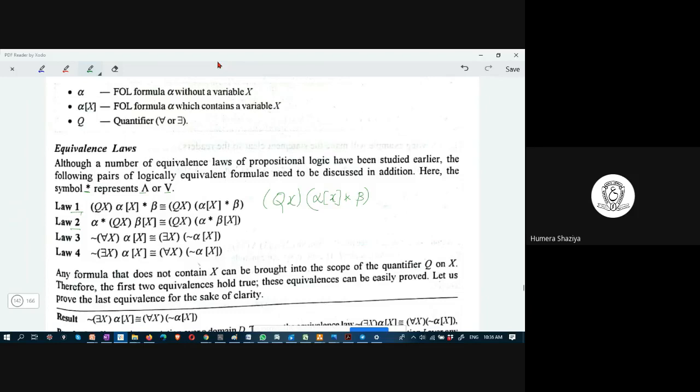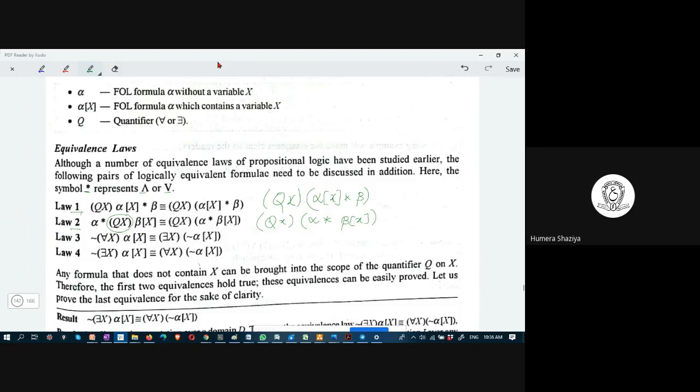This Qx, the quantified variable, is taken out and placed in the beginning. Qx, then we have alpha asterisk beta of x. This one is equivalent to having alpha asterisk Q of x, where the quantified variable is in between two other entities.